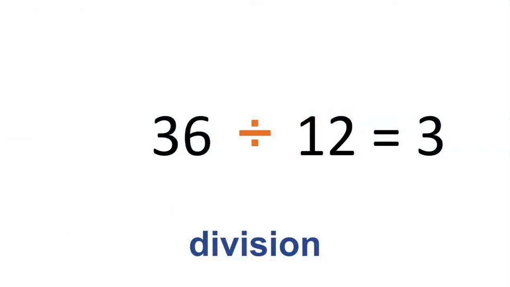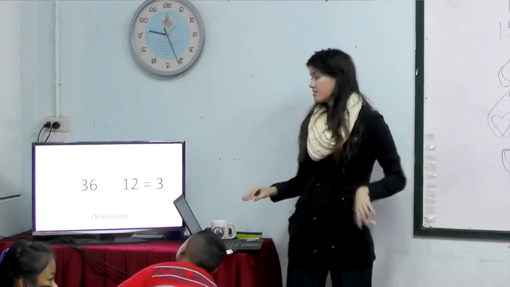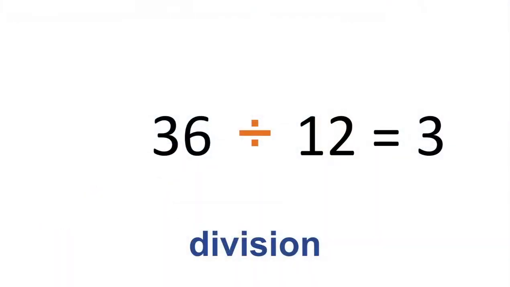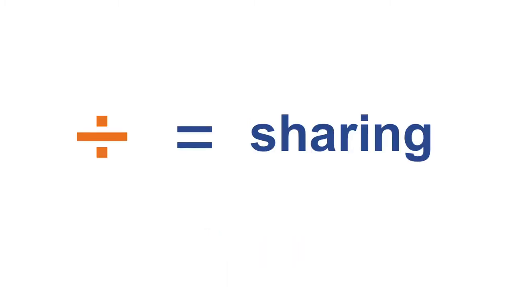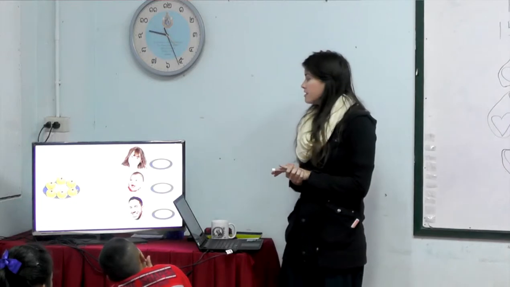So we know that when we see dividing, we're going to be sharing all of that big number into smaller groups. So just remember to think about division sign just means sharing. Like our friends with the donuts or the little cakes, okay? Or hamburgers.